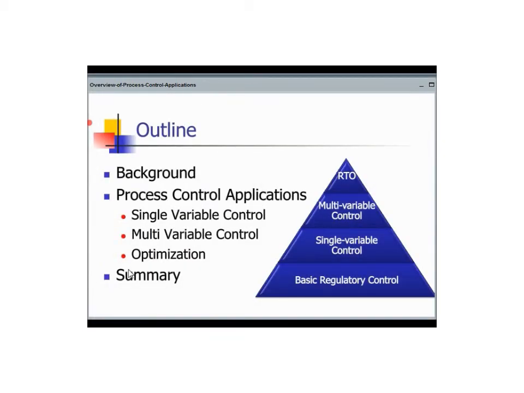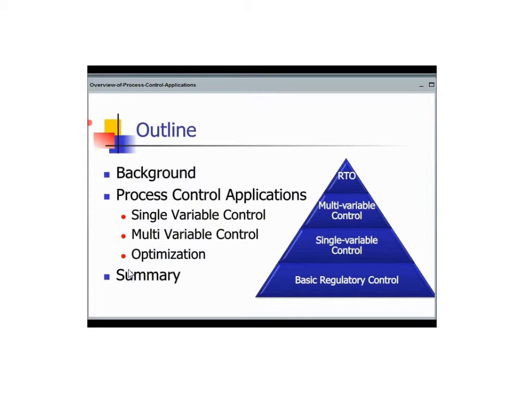Here is a brief outline of the talk. We'll discuss a little bit of background of process control, and then process control applications, just a brief overview. I'm not going to go into the theory of how it's done, but just give you an idea of what applications are out there in the industry.